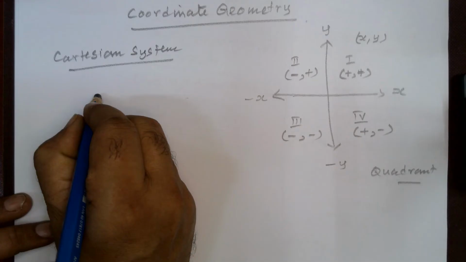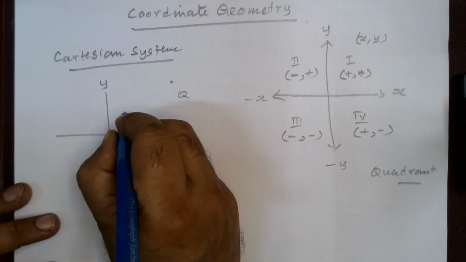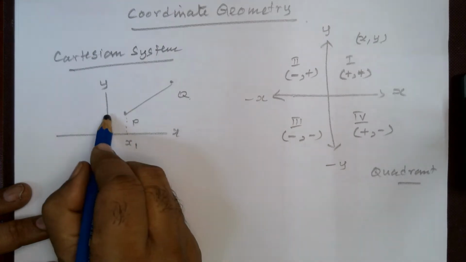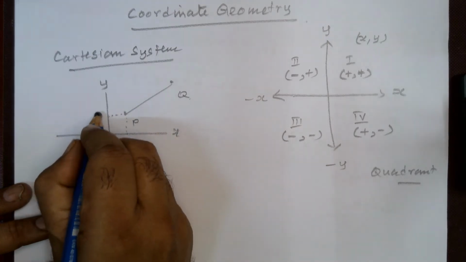So the distance: again a plot like this, x and y, and let me call P one point. Consider the distance between them. This is x1 and this point is y1.